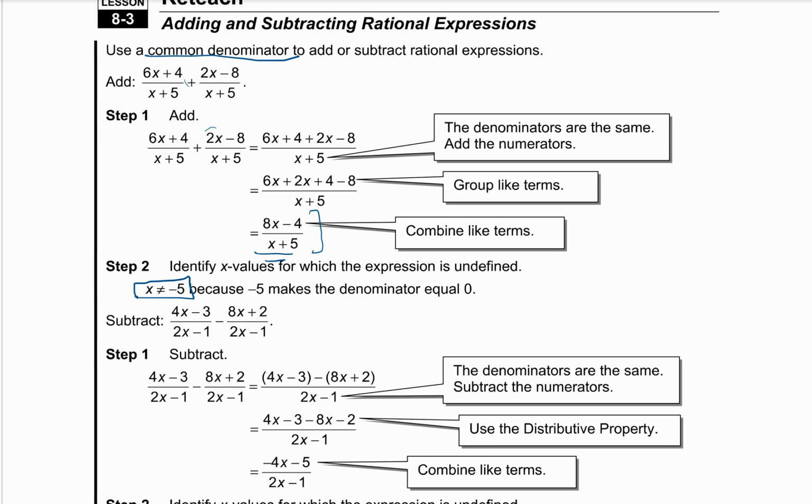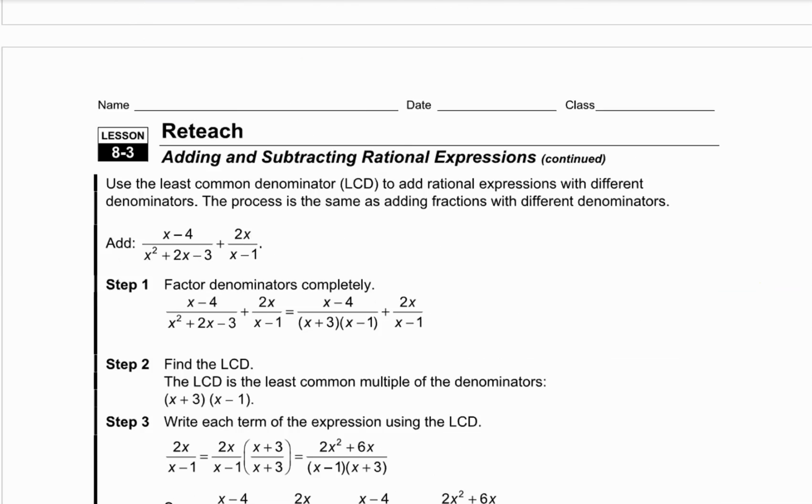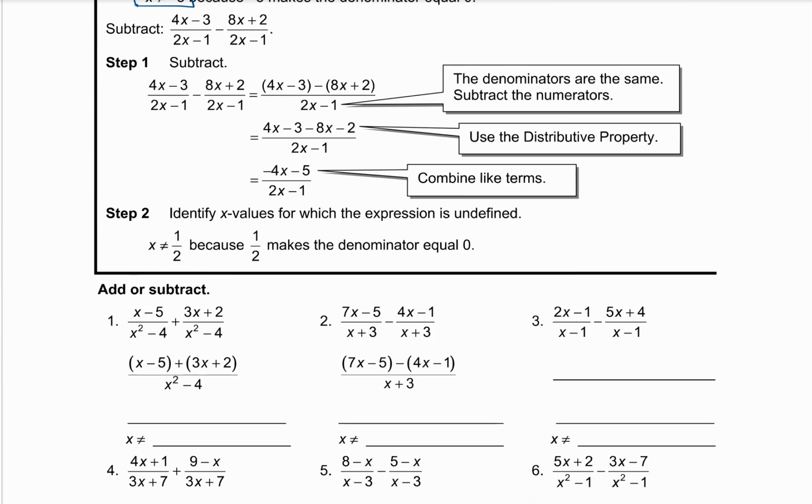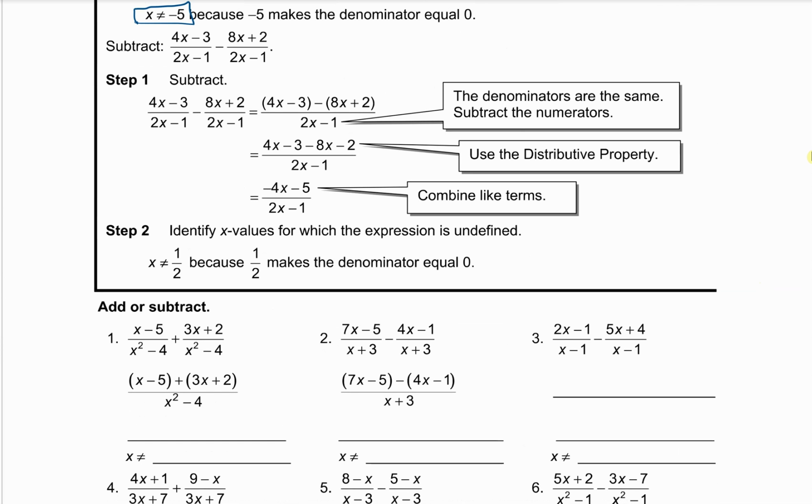You're going to group your like terms together on the top. You're not going to do anything with the denominator. It's just going to be the common denominator.